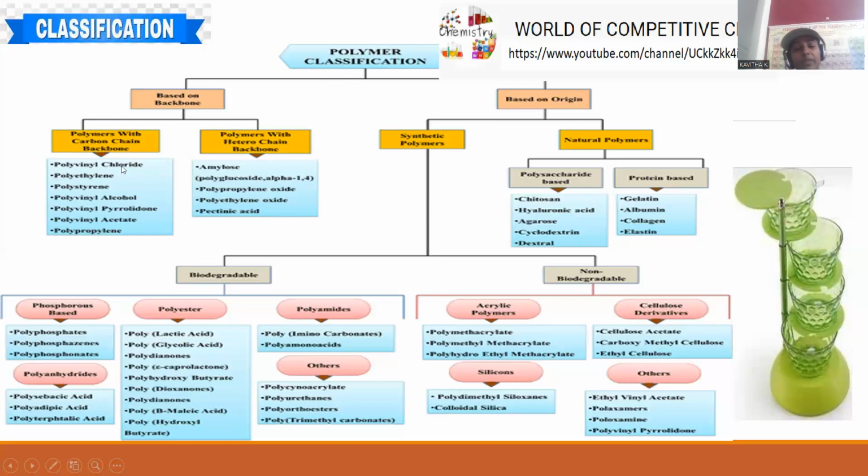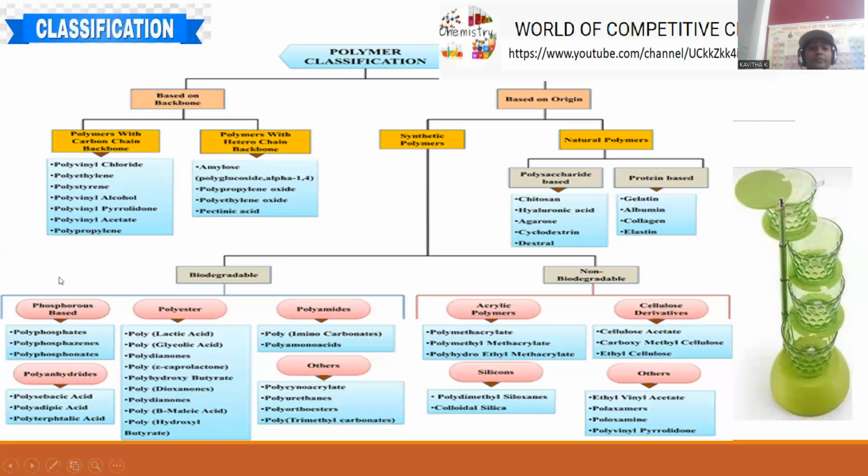PVC is the most familiar term, because PVC pipes are used for irrigation, PVC furniture is common, and PVC is used as an electrical insulator as well. In so many fields PVC finds applications.